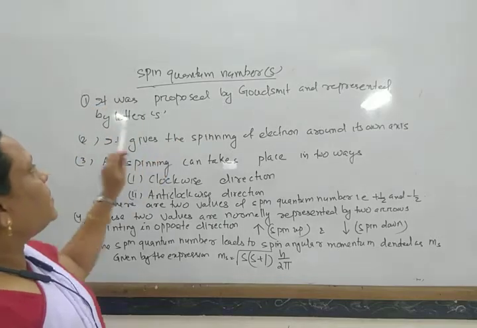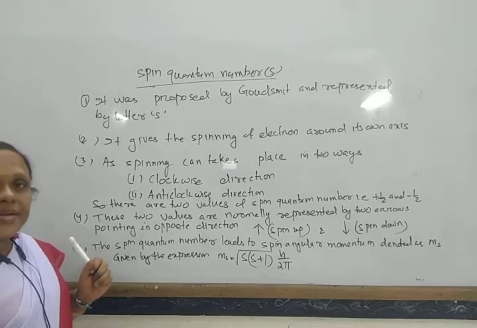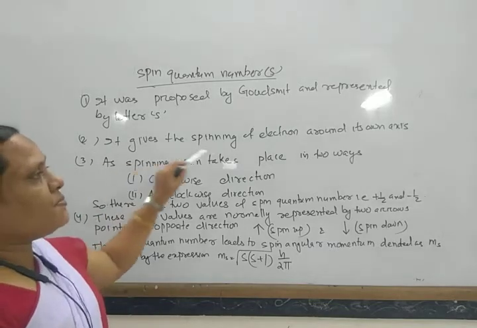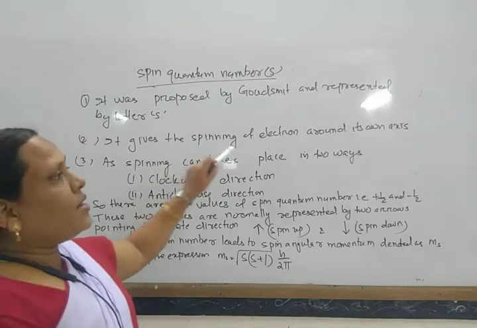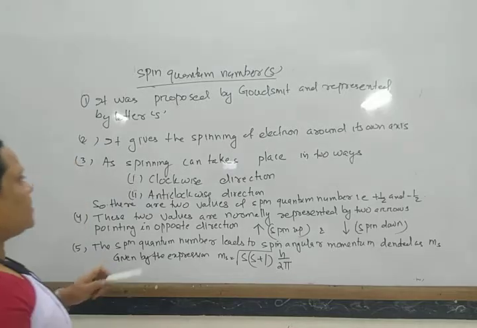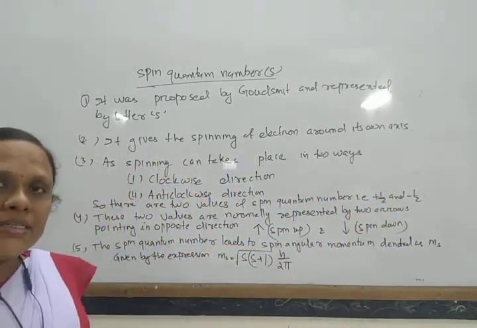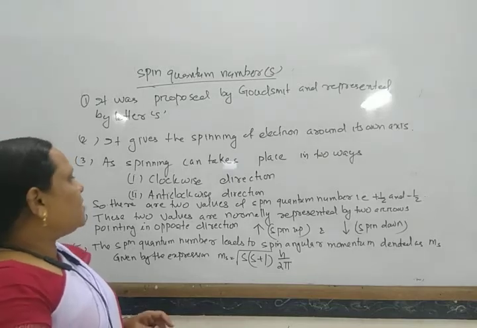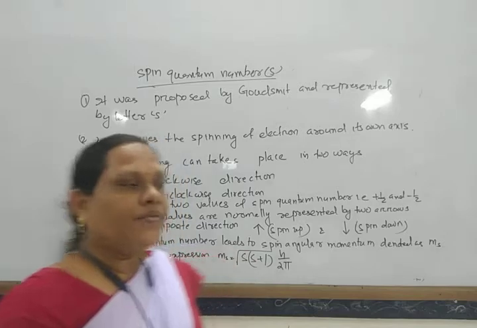Spin quantum number was proposed by Goldsmith and represented by the letter s. It gives the spinning of electron around its own axis. As spinning can take place in two ways, clockwise or anti-clockwise, it has two values, that is plus half and minus half.